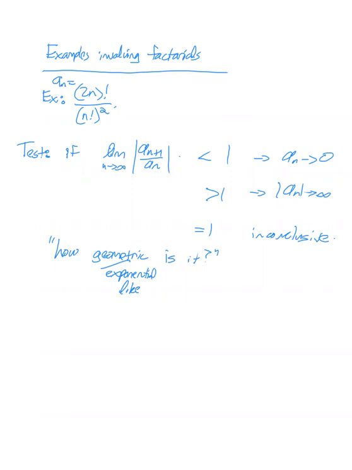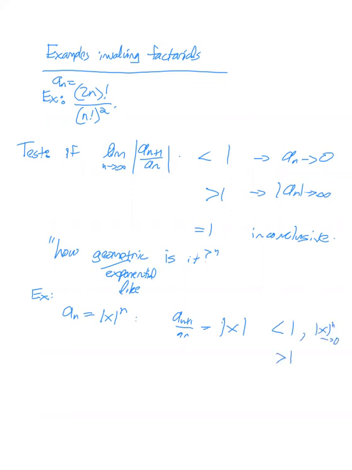So remember, if I had a_n equals x to the n, then our successive ratios is just the absolute value of x. So if this is less than 1, then absolute value of x to the n goes to 0.